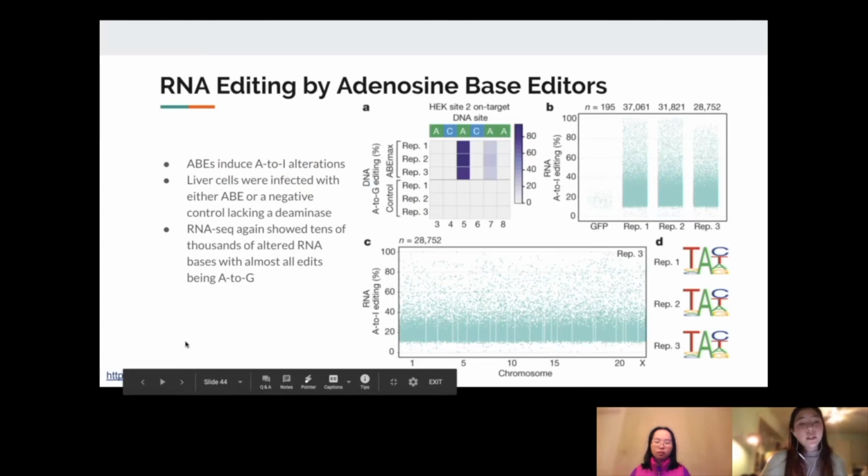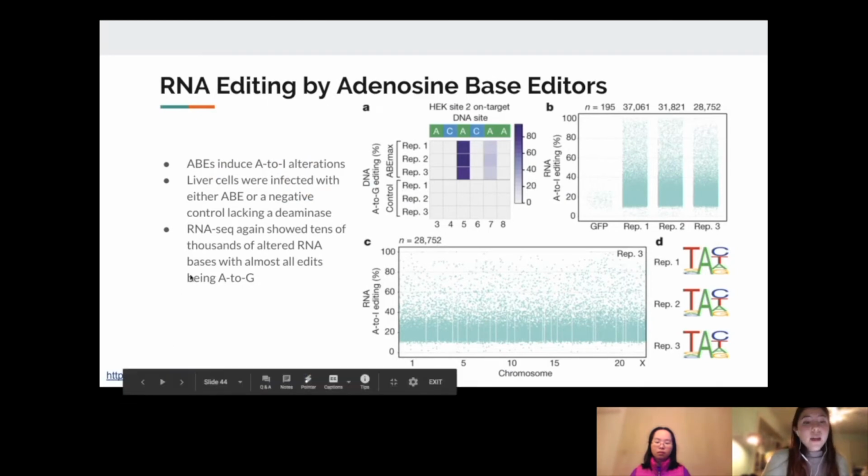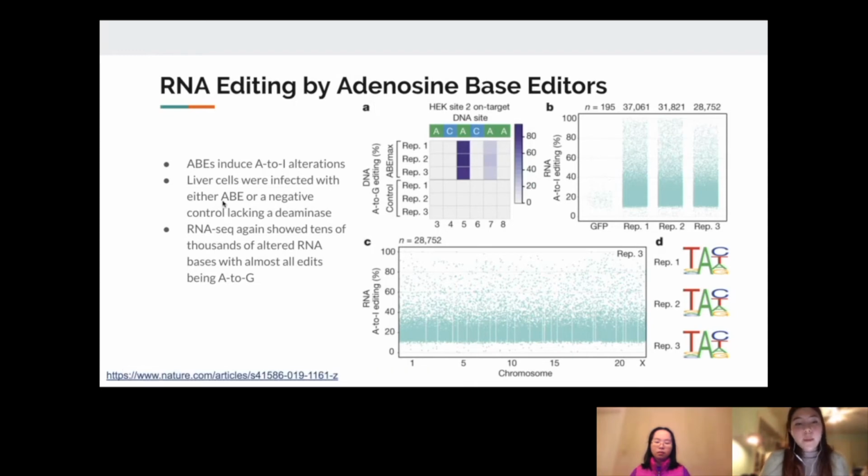Finally, they decided to look at RNA editing by adenosine base editors. ABEs introduce A to I alterations when they're looking at RNA. So we went back to liver cells infected with either ABE or a negative control that was lacking the deaminase.